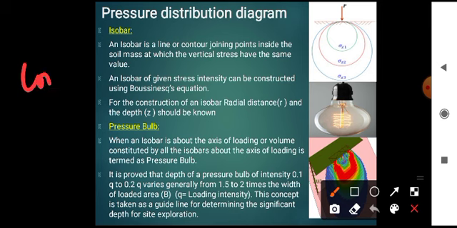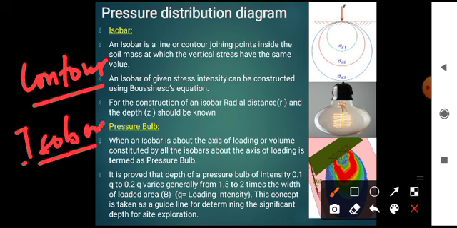Similarly here, an isobar is the imaginary line passing through the points of equal magnitude of vertical stress inside the body of the soil. That is called an isobar. Such isobars are shown in this particular slide.